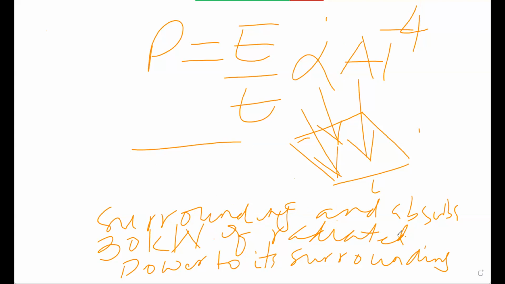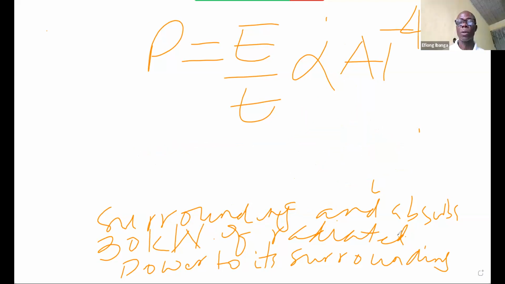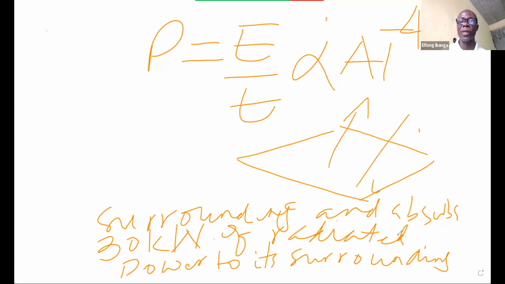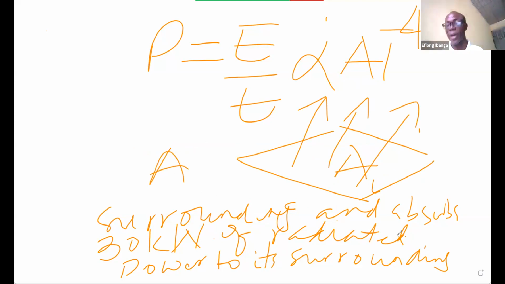Then number two. If I'm radiating heat from this surface, it will be directly proportional to the area. The larger the area, the larger the amount of heat that I'm radiating. That's number one.